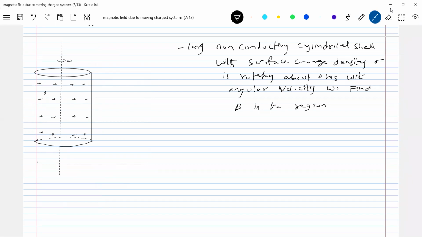Then this sigma. The charge is present only in that blue color shaded one. Please notice that. It is non-conducting, so charge will be there only on one surface.